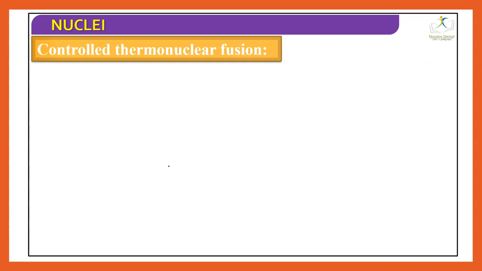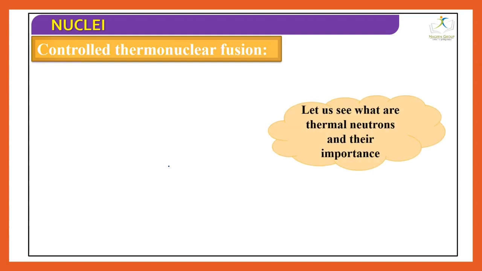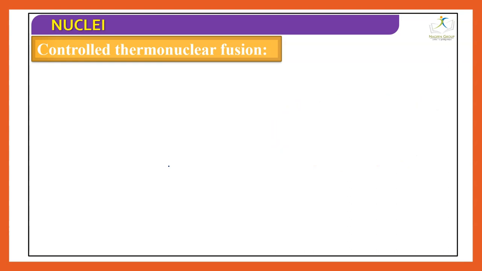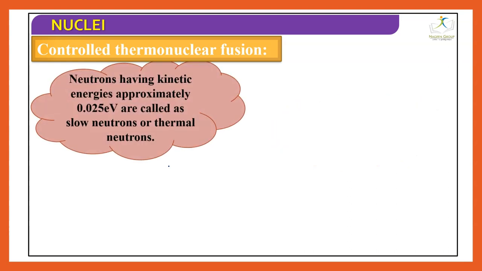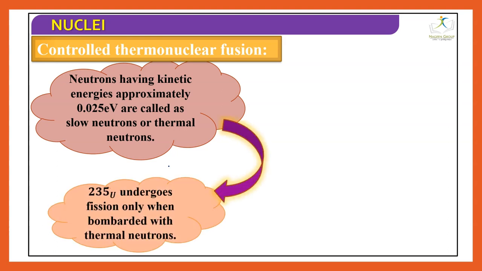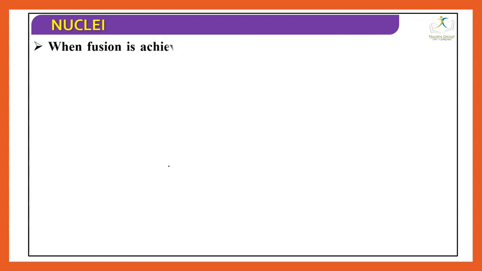Controlled thermonuclear fusion. Let us see what thermal neutrons are and their importance. Neutrons having kinetic energy of approximately 0.025 electron volt are called slow neutrons or thermal neutrons. Uranium 235 undergoes fission only when bombarded with thermal neutrons.